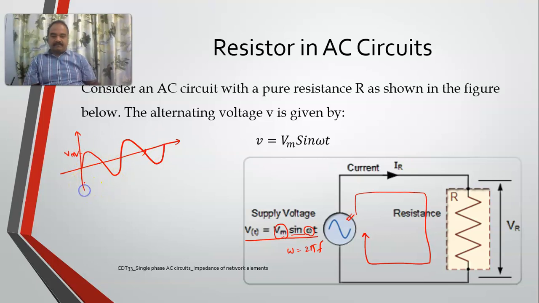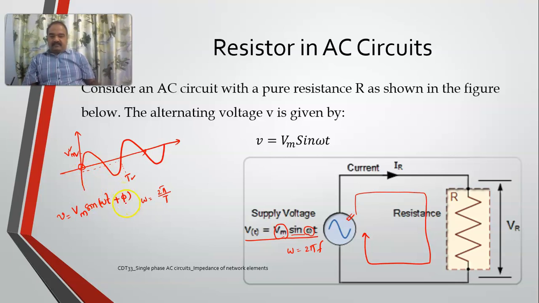For 1 whole cycle, the time taken is called T, and omega is equal to 2 pi by T. When you know these two terms and the angle at which it is delayed, I can write this as Vm sine omega t plus phi, where phi is the phase angle difference between the reference point and the start of the wave.